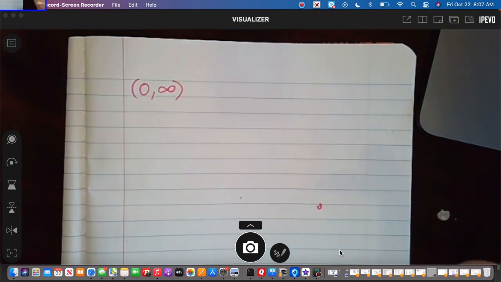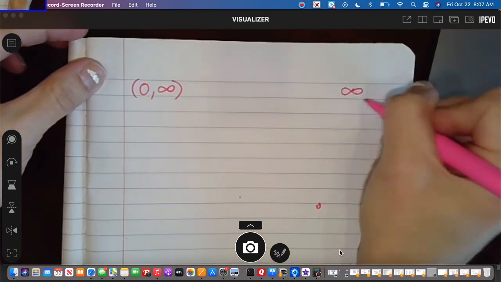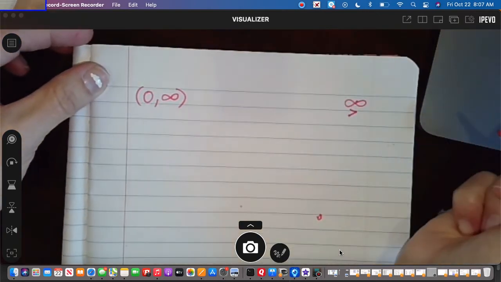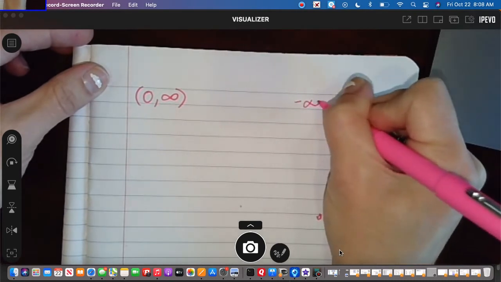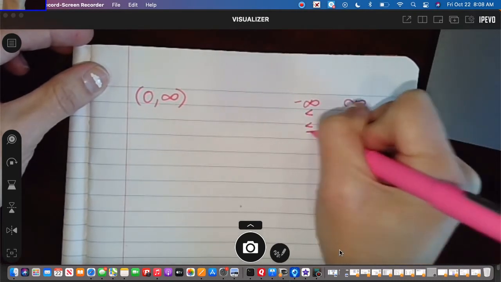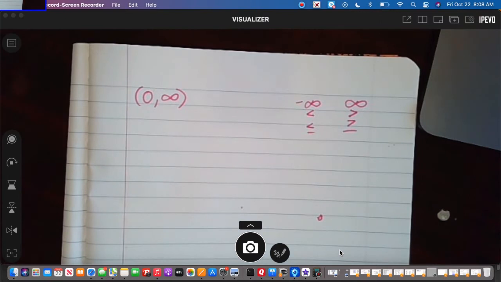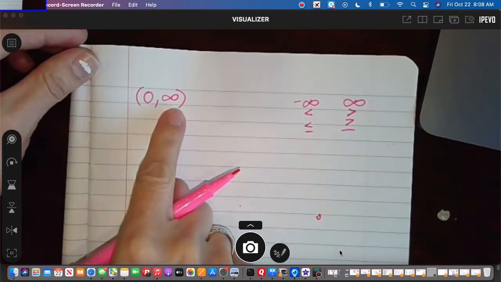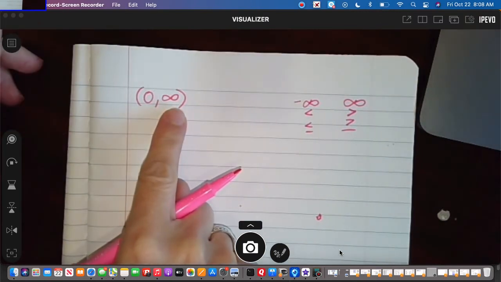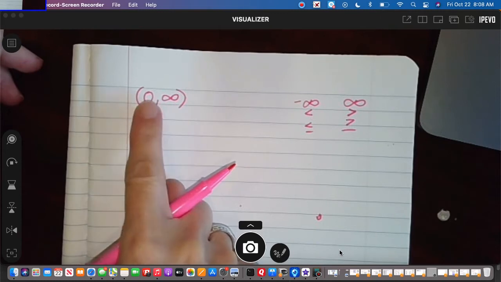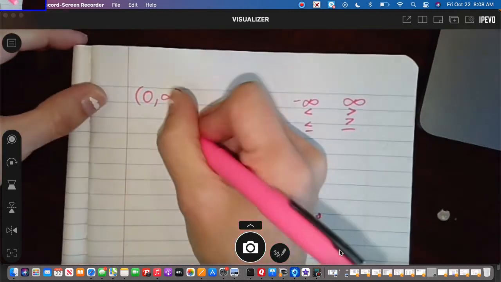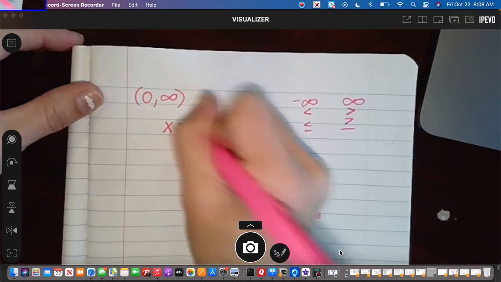If you're going to infinity, you're looking at the greater than sign. If you have negative infinity, what's that going to be? One of those less than signs. Since I have infinity, I'm greater than. Greater than what number? 0. So I'm going to put x is greater than 0.